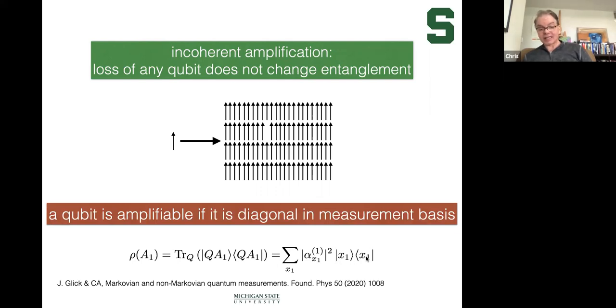And in fact, these are the eigenstates. They're, of course, in the same basis as the quantum system, but they are really the eigenstates of the measurement device, and it's diagonal in the measurement basis. So in a sense, this particular measurement, yes, I could amplify this qubit. The fact that it was written as a qubit didn't matter.